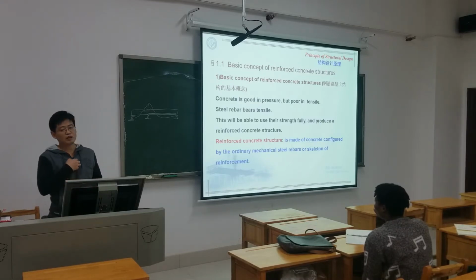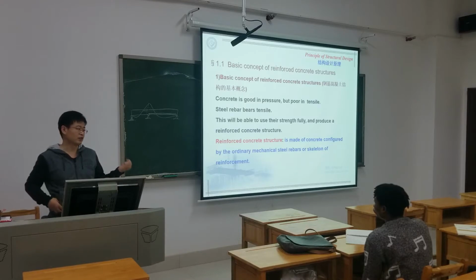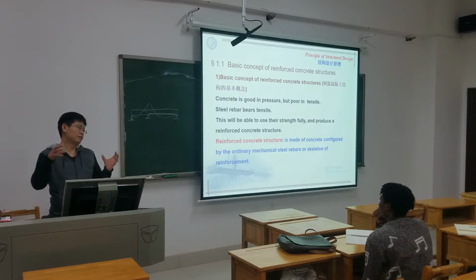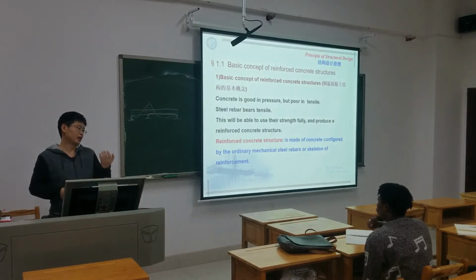So one effect is that the tensile strength is low, like bamboo or plastic. Another is that they cannot bond very well under different situations, high temperature or low temperature.